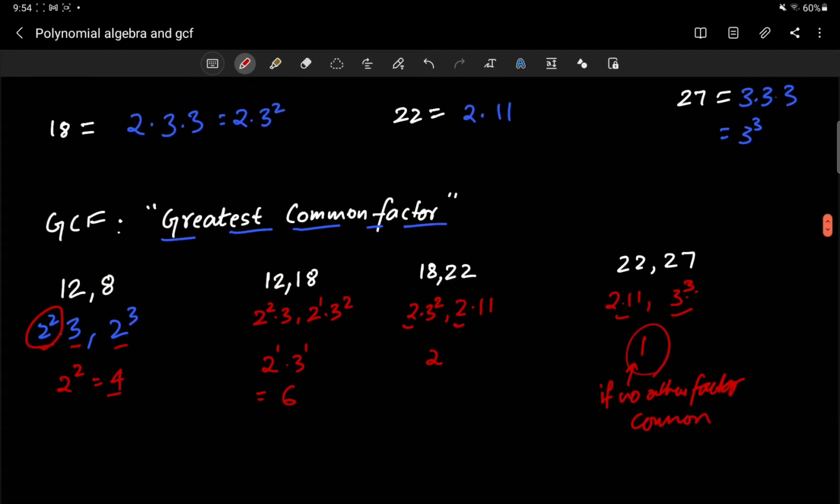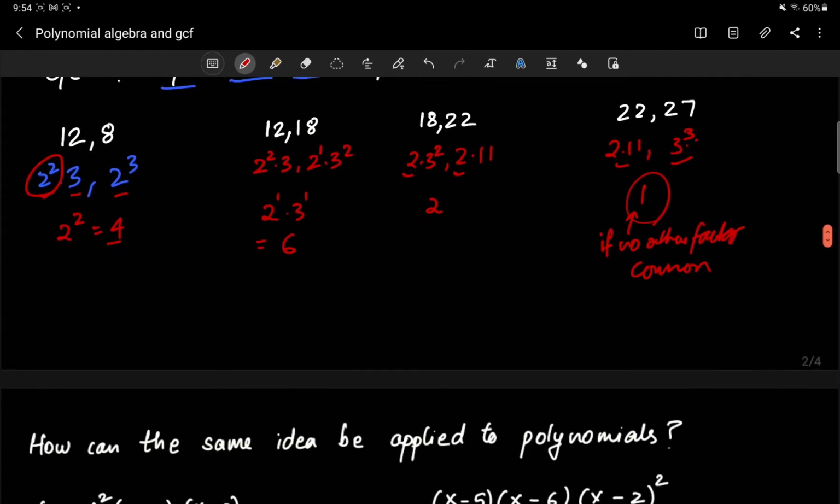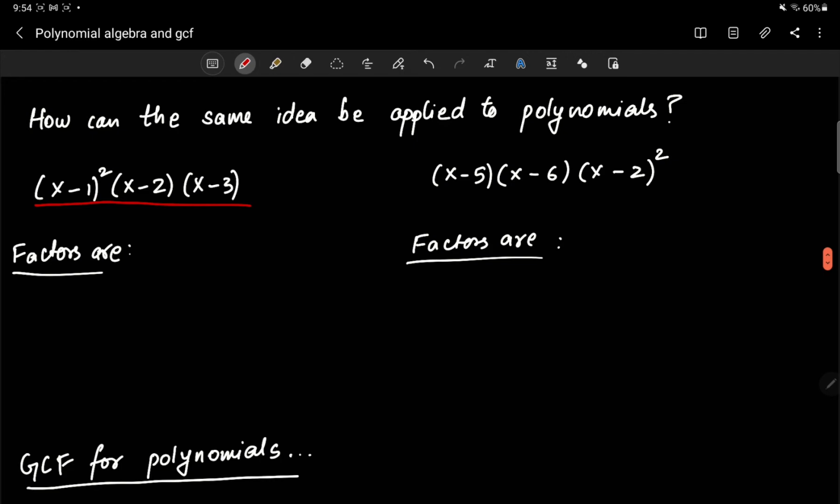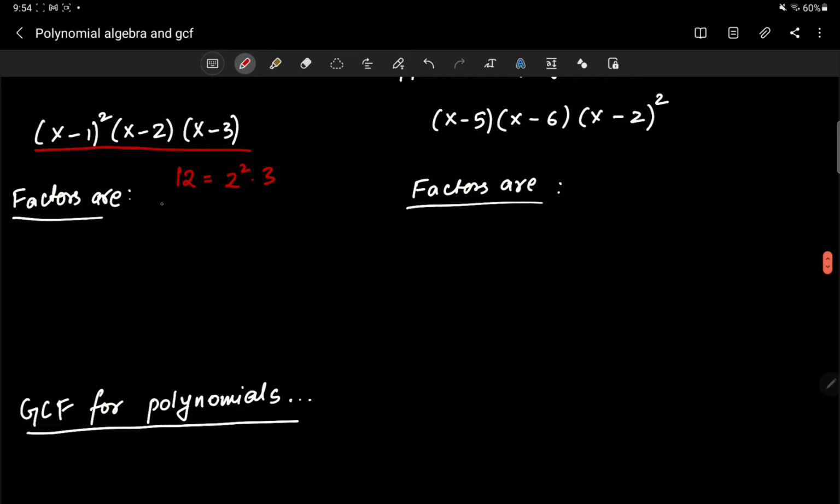Now our goal is to apply the same idea to polynomials. So for example, let's say this is a polynomial. What are the factors here? You can compare it to the number situation. For example, 12 can be written as 2 squared times 3. Then the factors are 2, 2 squared, and 3.